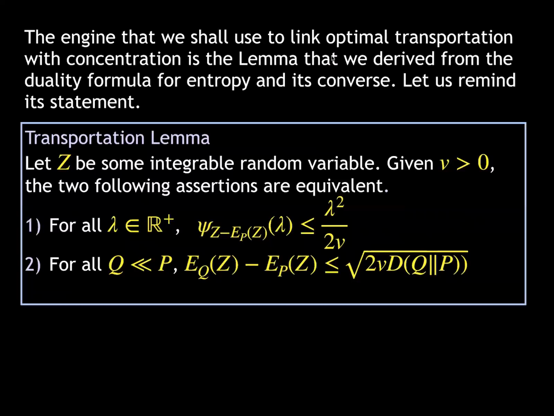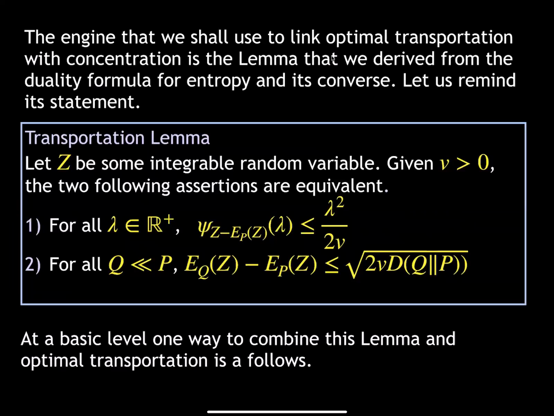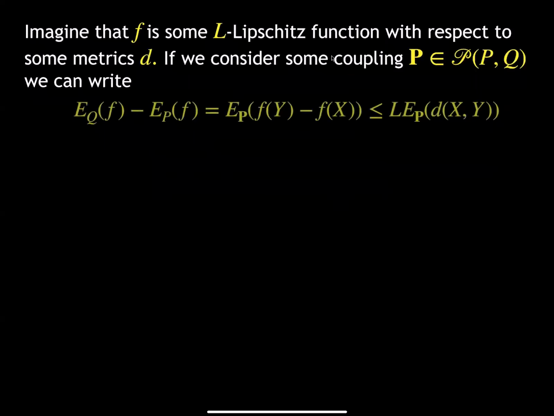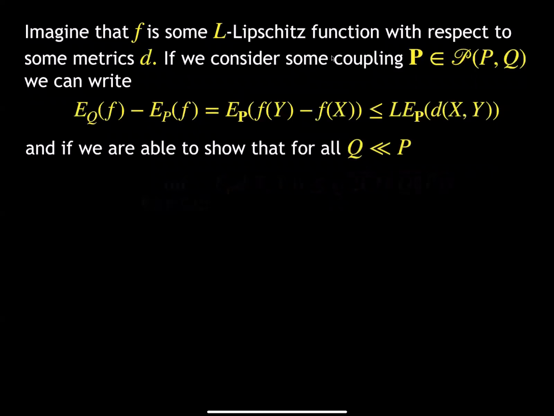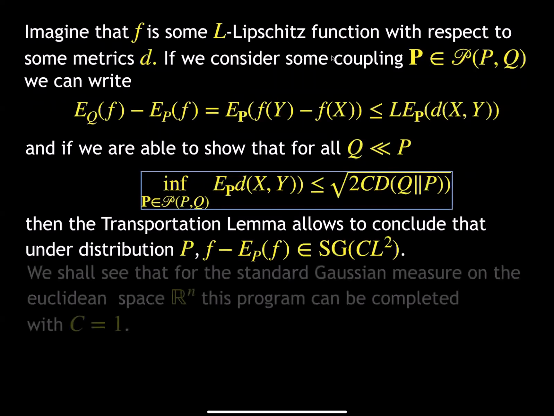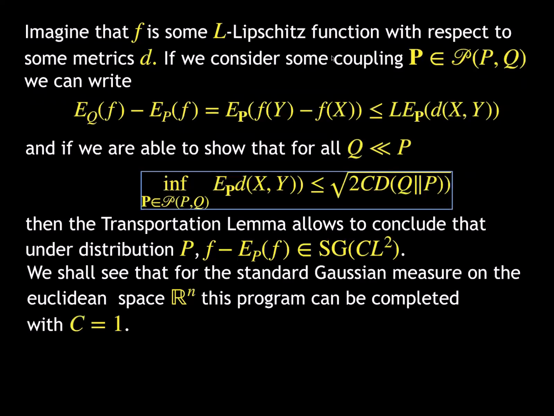Okay? So to see in detail how it works, the best is to reproduce a proof based on transportation arguments of McDiarmid's inequality. This is what we are doing right now.